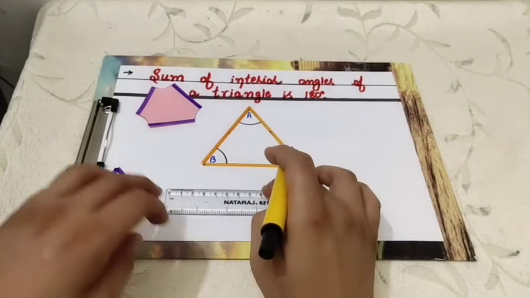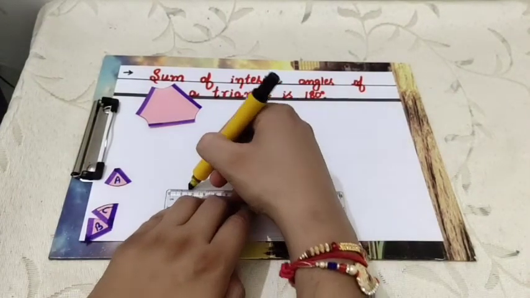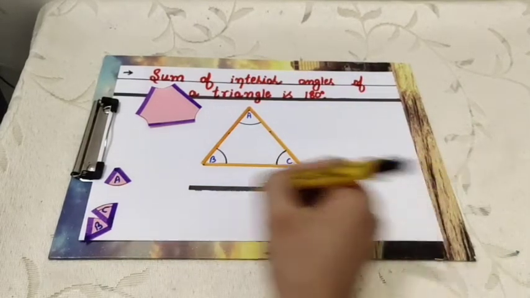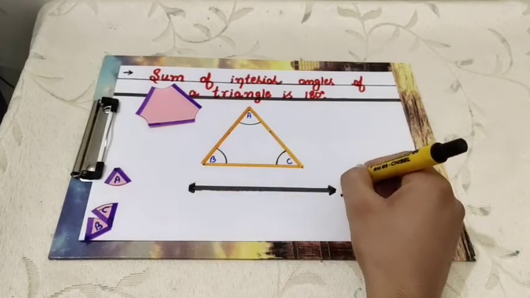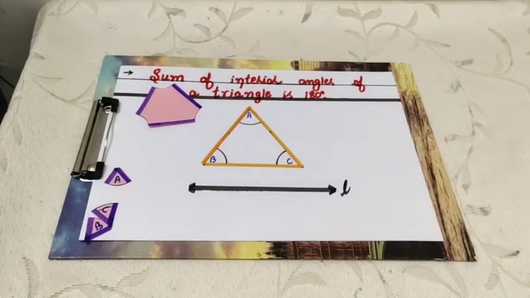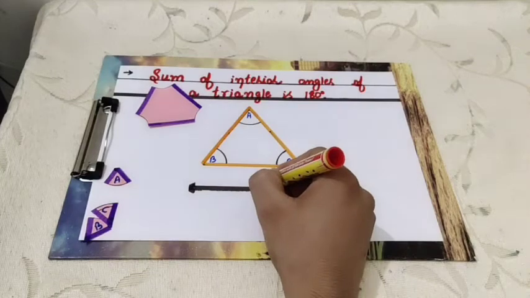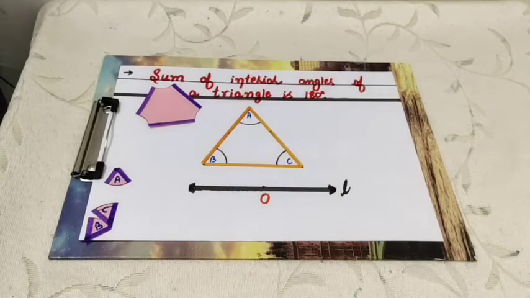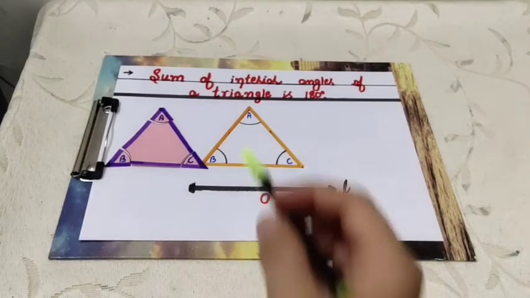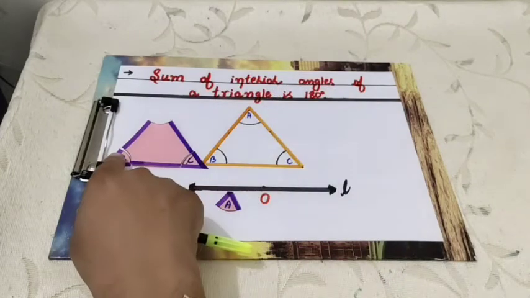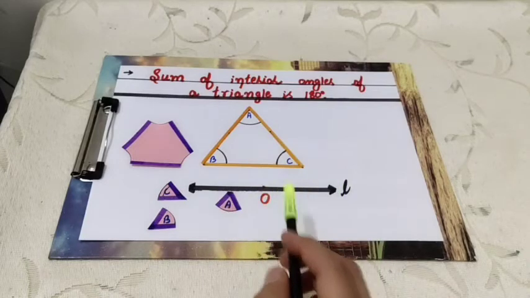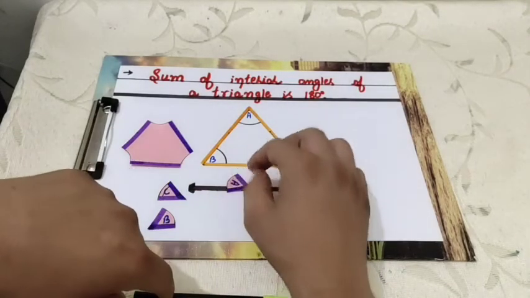Now we will just draw a straight line and choose one point on this line. Let we have chosen this point O on the line. Now we will arrange the removed sector A, sector B and sector C on this line along point O in such a way that they make a semicircle.